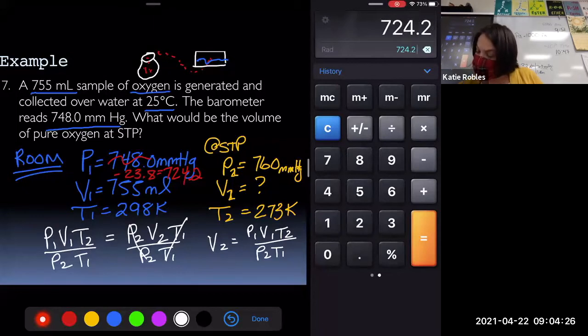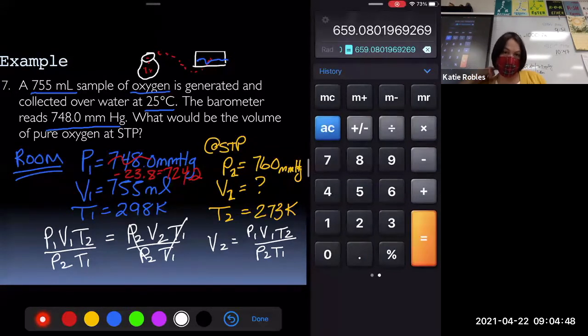724.2 is P1, times the 755 milliliters that I collected, times T2, 273, divided by 298. That's the T1, divided by 760, equals 659.